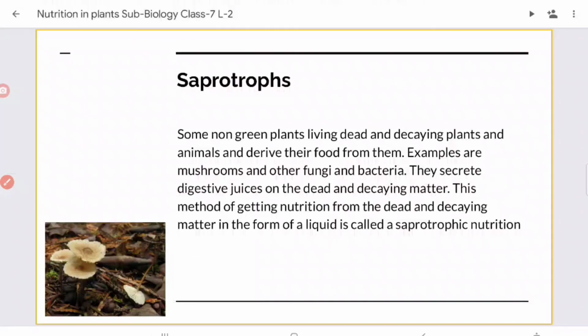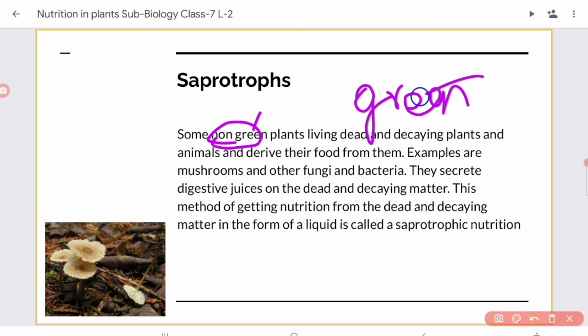The next type is saprotroph. Saprotrophs are plants that are non-green. They are not green in color, and they live on dead and decaying plants. Like this is a decaying plant, so they will gather and just grow there.